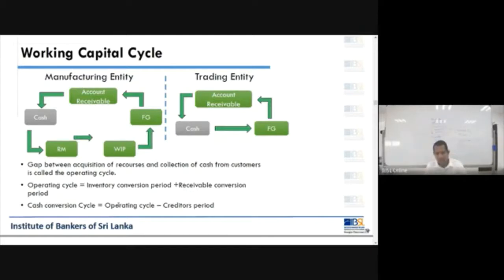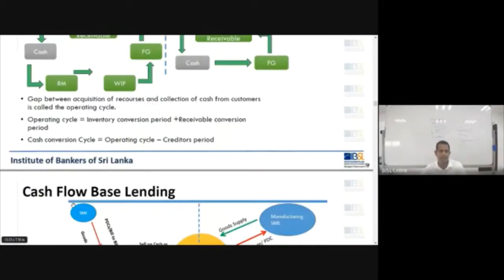It is used to define the period to be given for the short-term facility, whether this is a 90-day, 120-day or 180-day facility. That is decided by the cash conversion cycle, right? That's all on working capital for the time being. When I come to working capital, I will take you more with that.